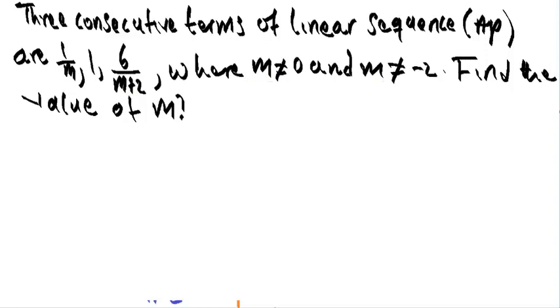The question is find the value of m. So you can start thinking about how you will find the value of m. What do you think you can do? Before I even solve, start thinking about what you will do so that you can find the value of m.